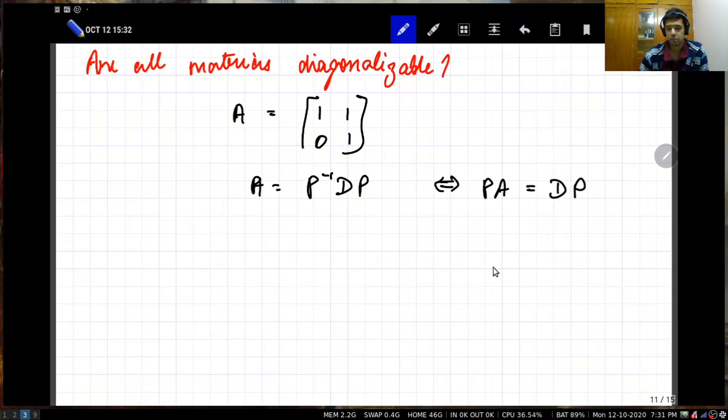So this does not have a solution for any invertible matrix P and diagonal matrix D. What does that mean?